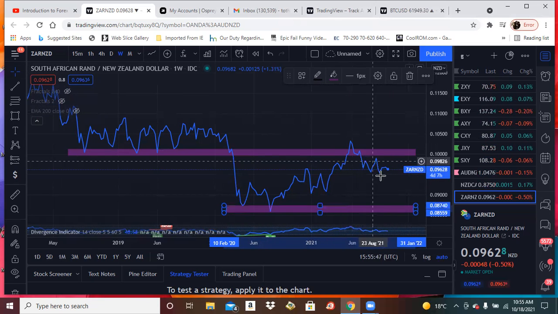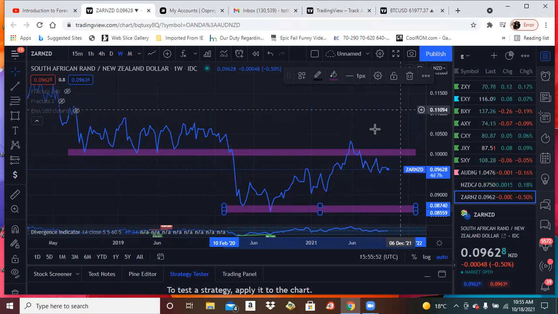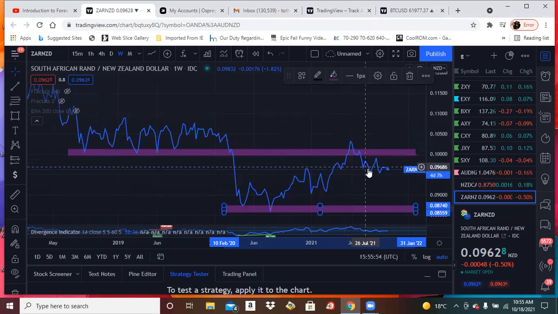This could take weeks, or it could come back up here and possibly break this and come up. But if you took the sale already on South African Rand, New Zealand, ZAR, and this was on your broker, you would be in profit right now because you would have got in right where you needed to get in.